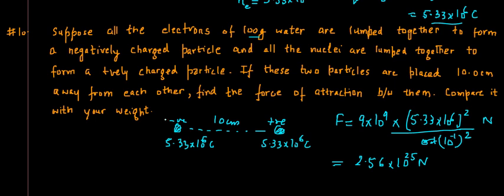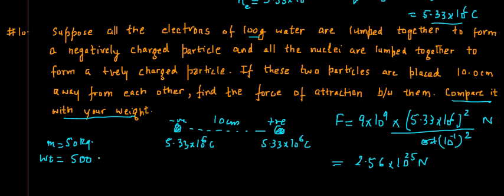Now there is one more thing that we have to calculate. We have to compare it with your weight. Now again, let's assume that you are of 50 kilograms mass, so your weight is 500 newtons.